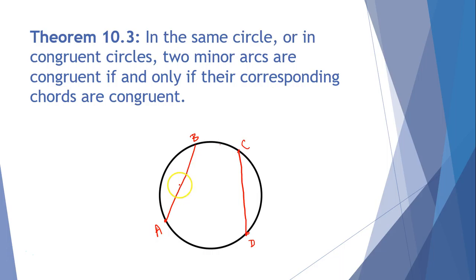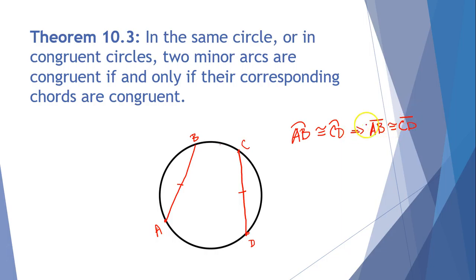Okay, if I know these chords are congruent, then I know their arcs are congruent, and vice versa. If I know these arcs, so if arc AB is congruent to arc CD, then that implies that chord AB, the segment AB, is congruent to segment CD.